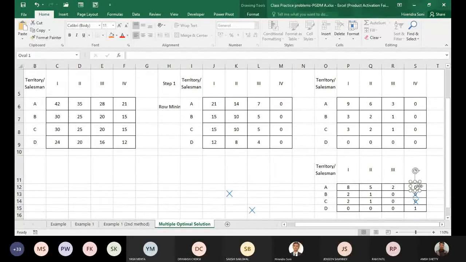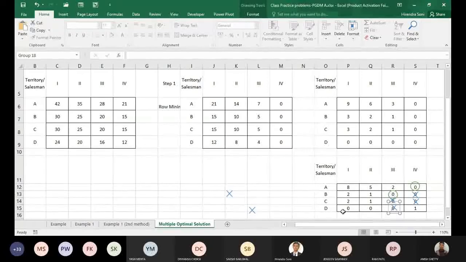Second row, we have got only just 1 zero. So we can make an allocation here and automatically this will get cancelled. This will also get cancelled. What about these two?